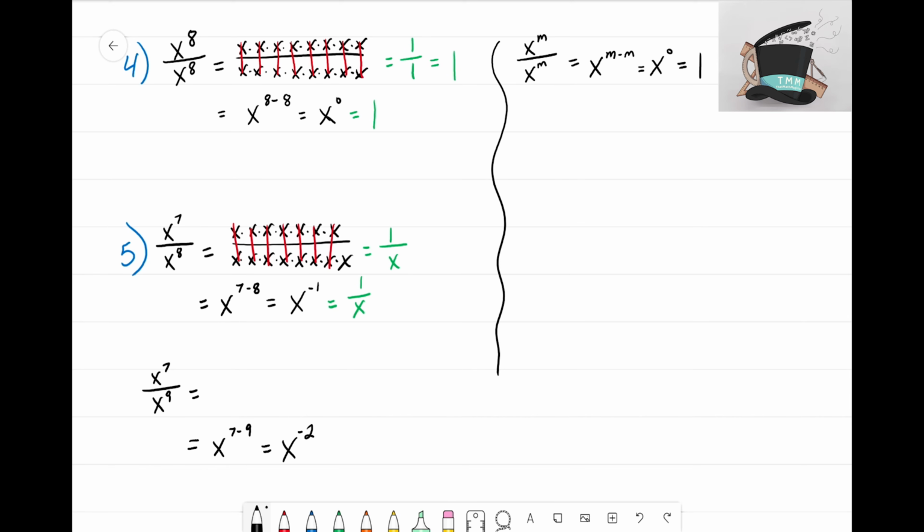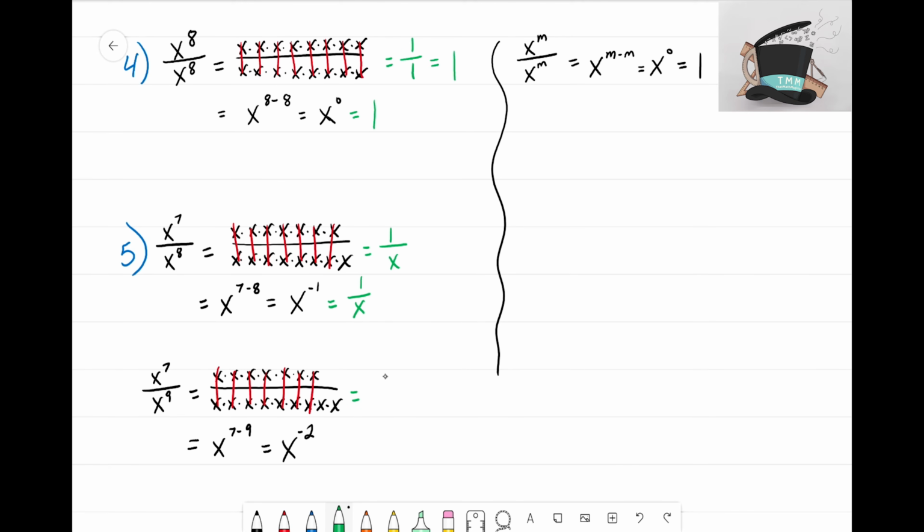So again, let's expand it out and see what's happening. I'm going to have 7 x's on the top and 9 x's on the bottom. Again, I want to start canceling out all of the pairs of x's, so I start creating all these 1s here.